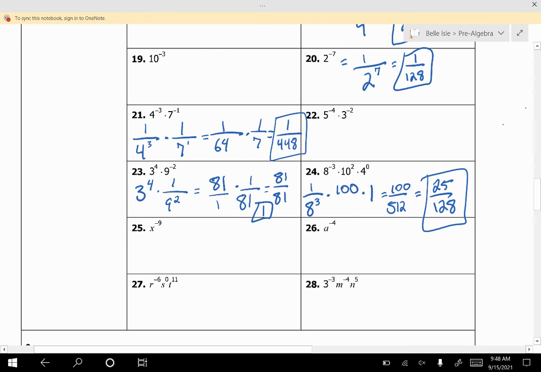And then 4 to the 0 power is 1. Okay, so you have 100 over 512. That is a good answer, but it's not the best answer, okay, because it can be simplified. You can simplify them both by 4. Okay, so you should get 25 over 128.